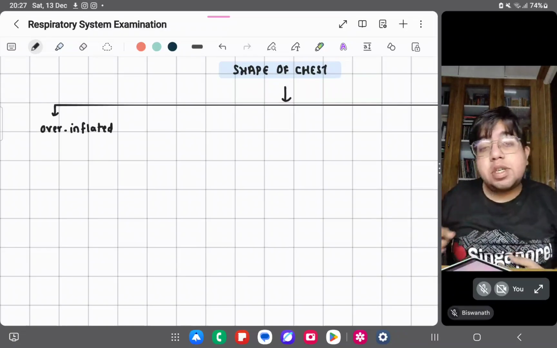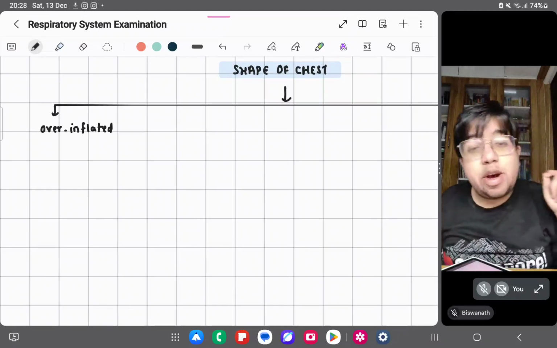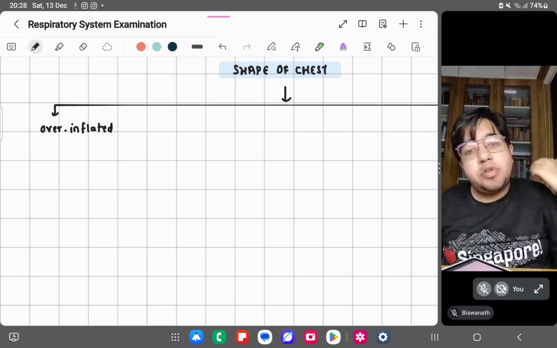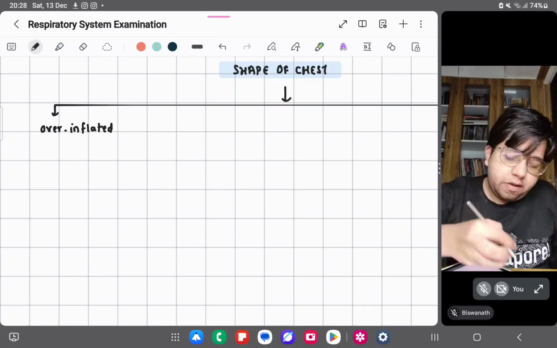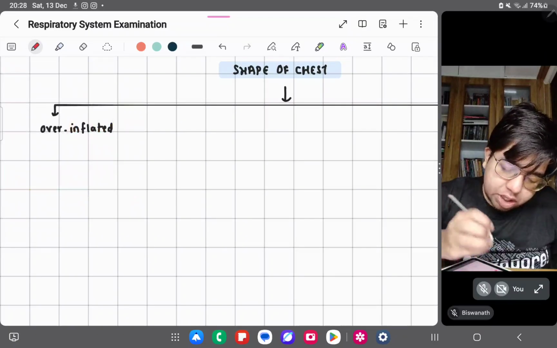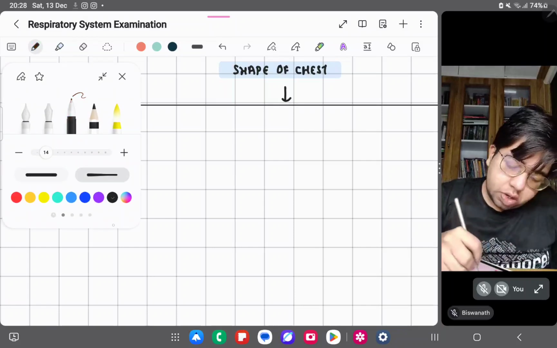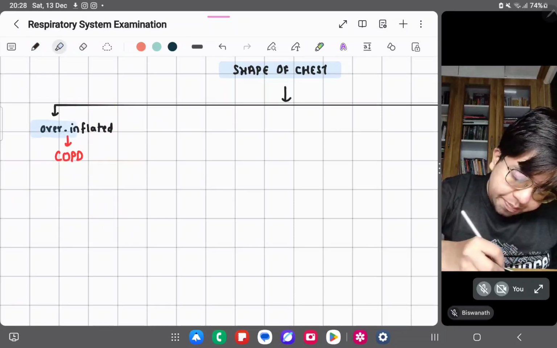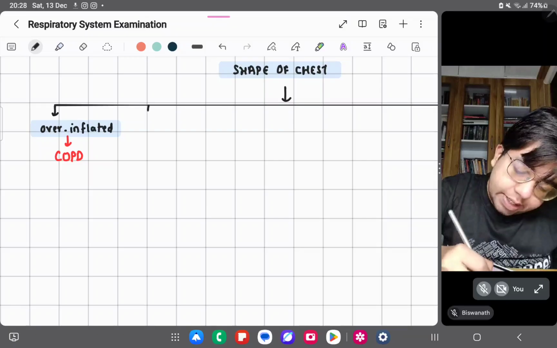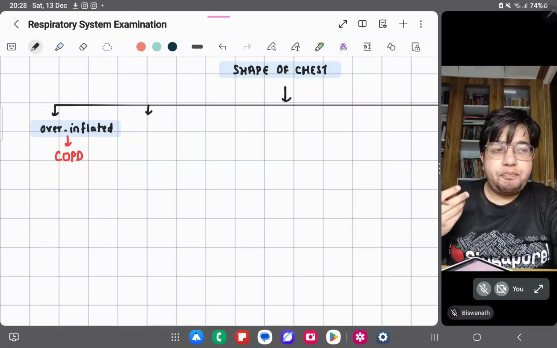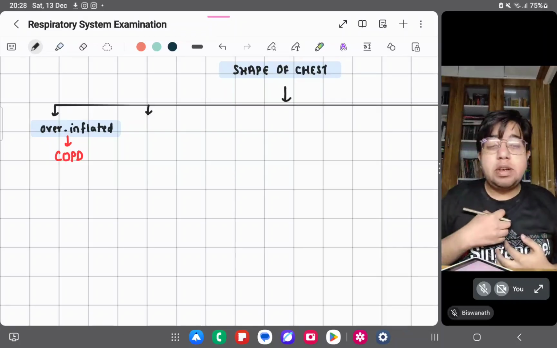The most common obstructive respiratory disease you read in the spectrum is COPD. So overinflation occurs in COPD. Clear? Overinflated chest is done.